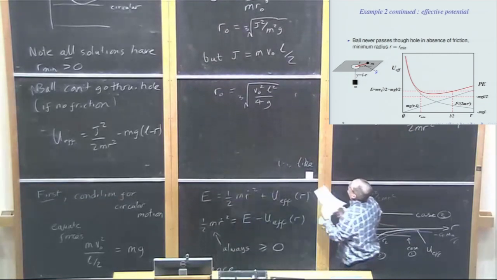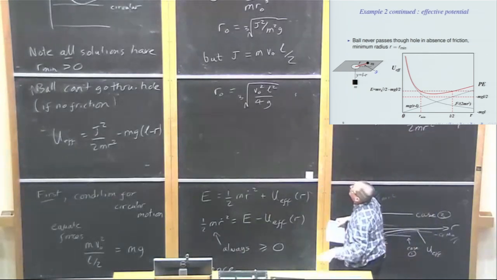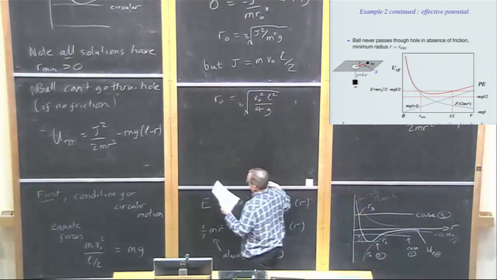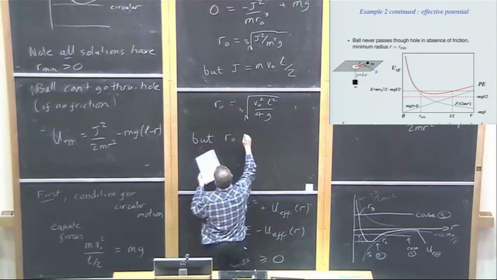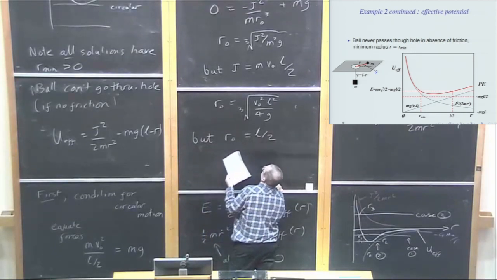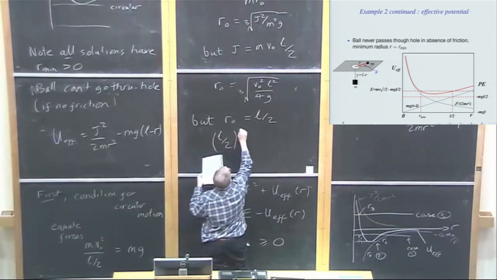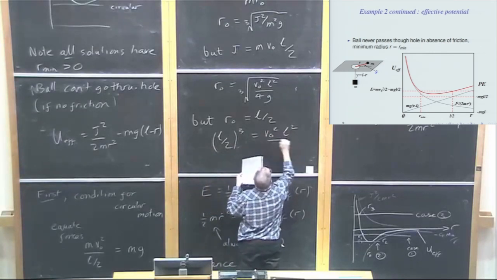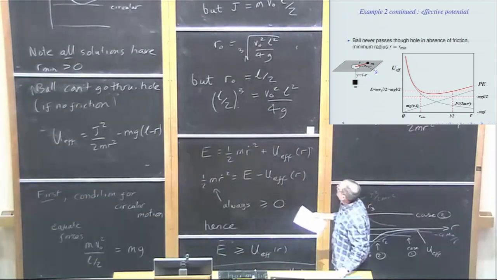But of course, though R0 is giving the radius of the circular motion, it also must be the length at which we start the motion. It is equal to L over 2. So we have that L over 2, let us cube everything, is equal to V naught squared L squared over 4g. So you see I'm proceeding to try and get a solution for V naught.